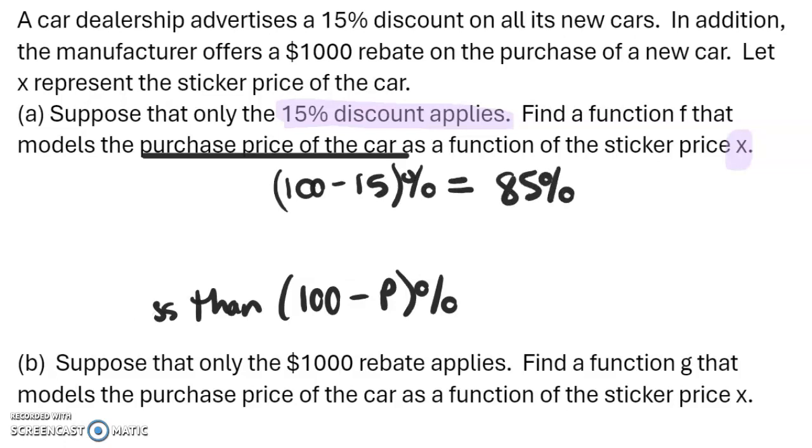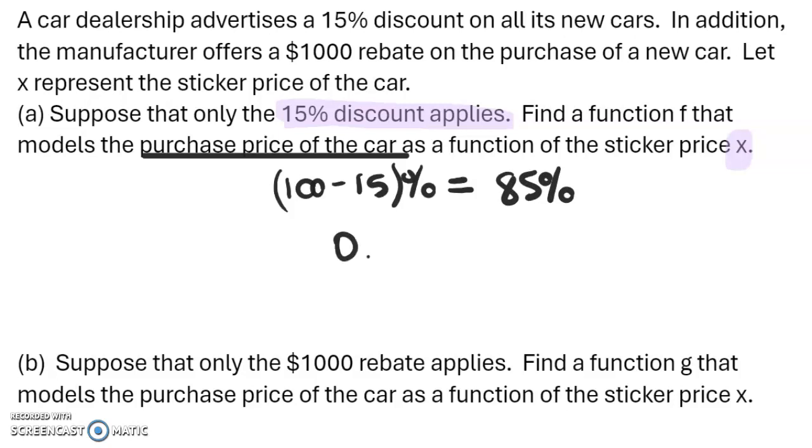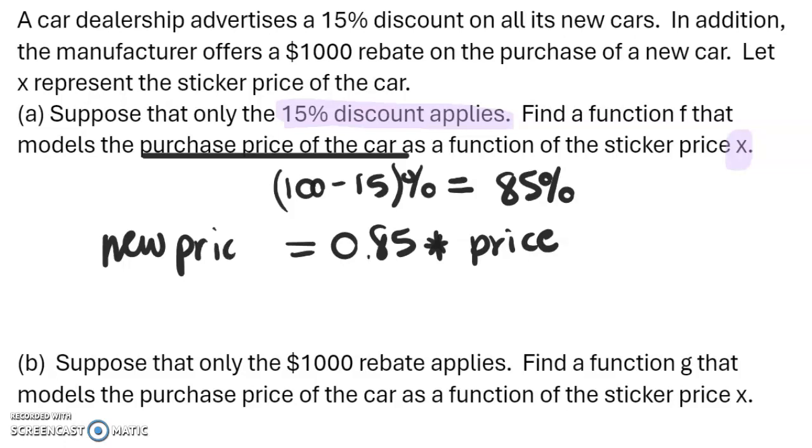So if I take 85%, write it as a decimal, and I multiply it by the price of the car, the sticker price, this will give me the new price or the purchase price. So you're paying for 85% of the sticker price.